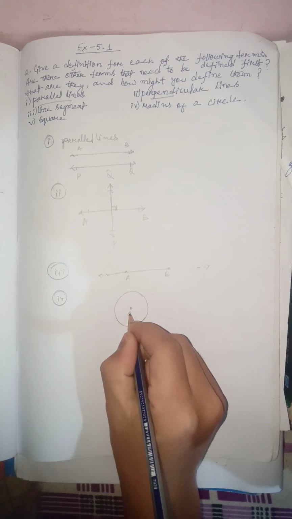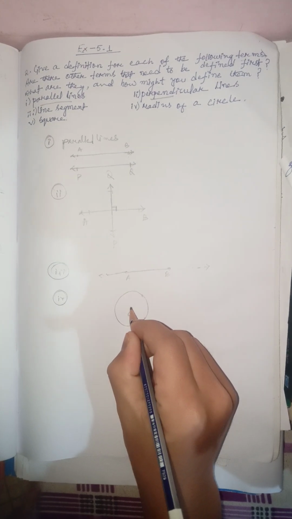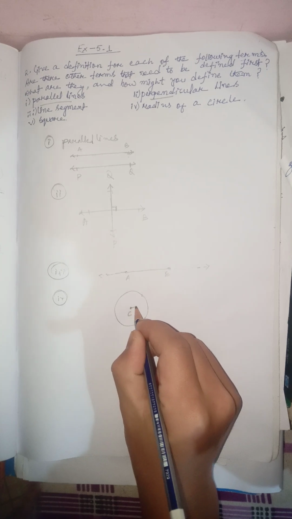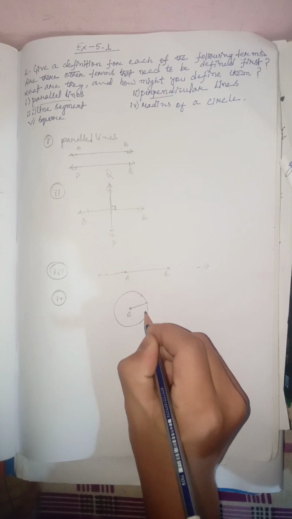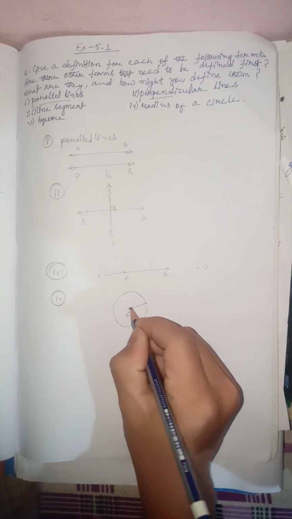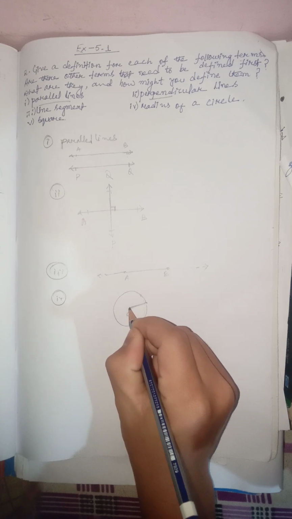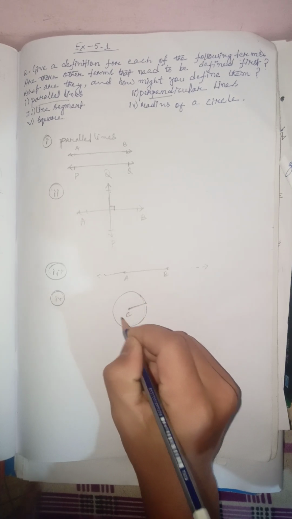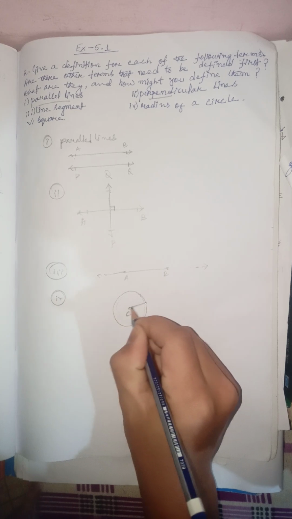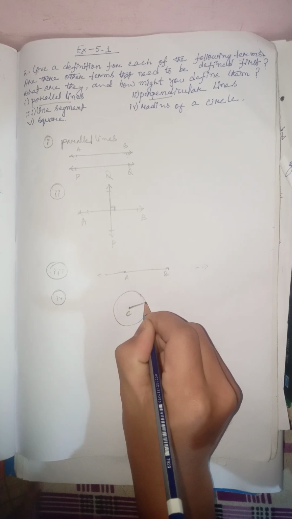Let me name this as center, and draw a line segment from it touching any point on this circle. This line segment which connects the center and any point on the circle, we call the radius of a circle.